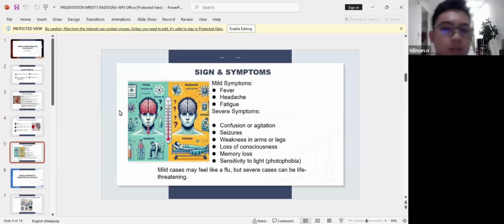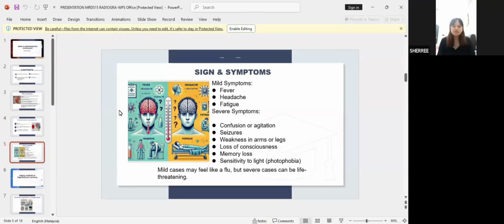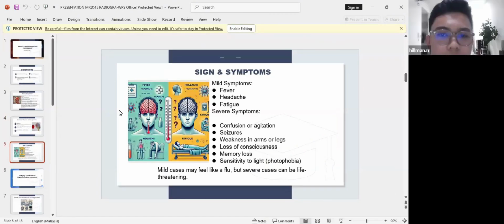Signs and symptoms of encephalitis. It has two stages of symptoms. One of it is mild, and the other one is severe. So for the mild symptoms, it is fever, headache, and fatigue.